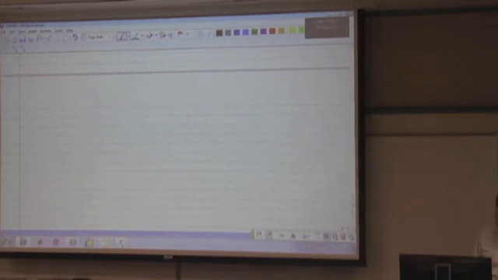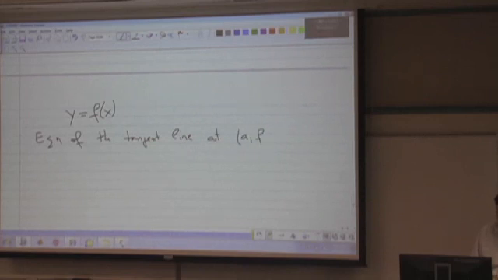So remember, if we have a function y equals f of x, and you're looking at the equation of the tangent line at a point A and f of A. Do you remember what it is?